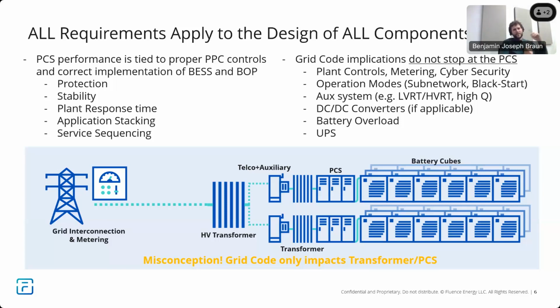It's only about the inverter controls. But if you jump back to that previous slide where I was highlighting all of the different sub applications, you start to realize that in order to really optimally provide one of these applications versus the other, it's not enough to only look at my inverter. I have to look holistically at the entire plant.